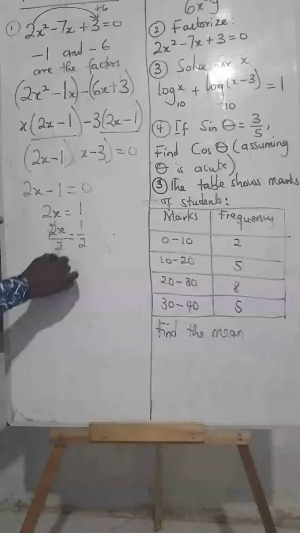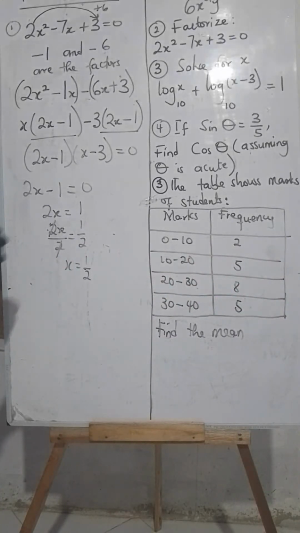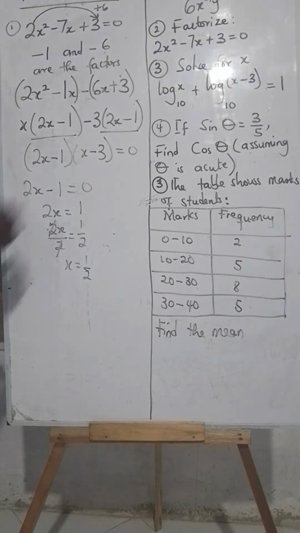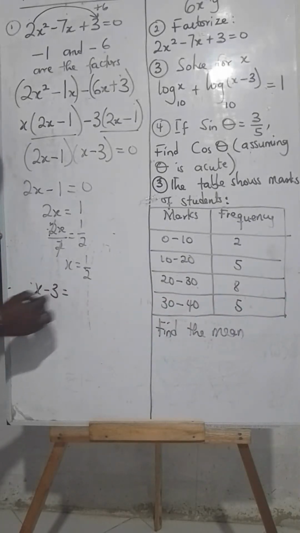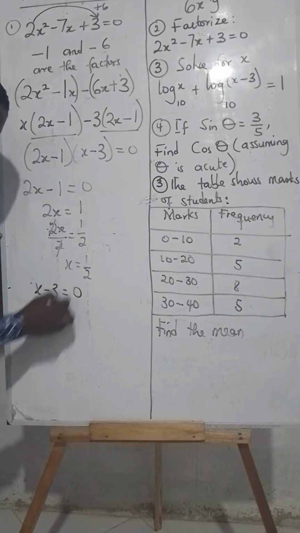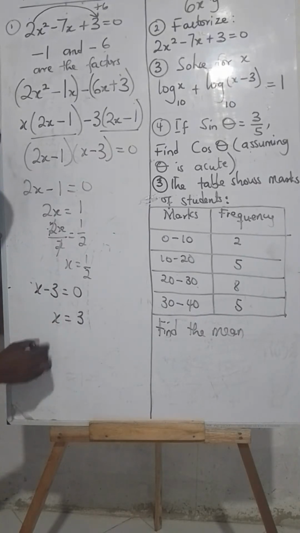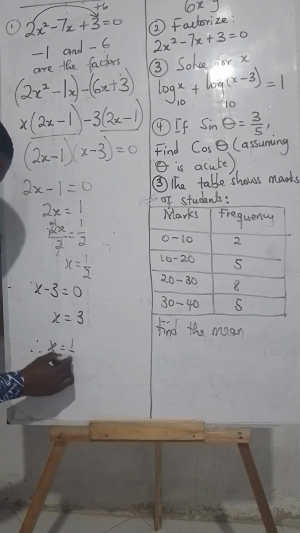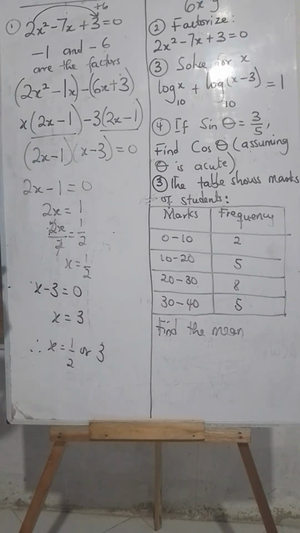So this cancels, you have x to be half. Right. Then you can also solve for x minus 3 equals 0. So the x is equal to what? 3. So therefore your x is equal to 1 on 2 or 3. Right. Hope this is simple.